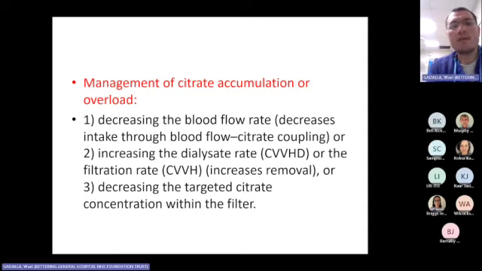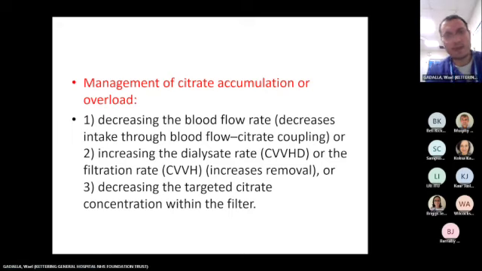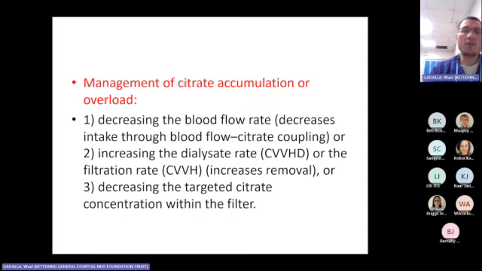If you find that the calcium is high and you are sure that citrate is accumulating in the body, you can manage this by doing one of the following. Decrease the blood flow, because when you decrease the blood flow into the filter, it will also decrease the citrate flow. Or you can increase the dialysate rate, which means that you are removing more of the citrate.